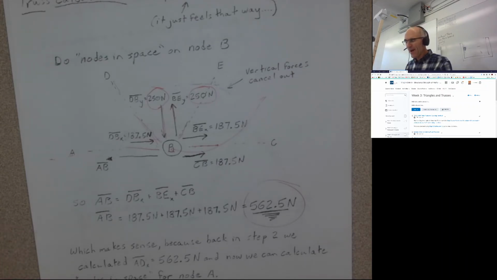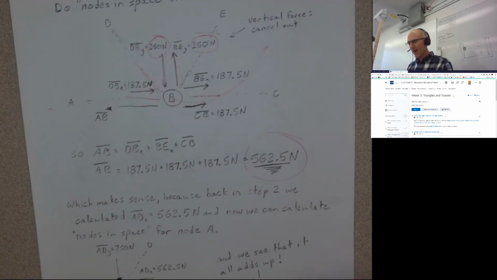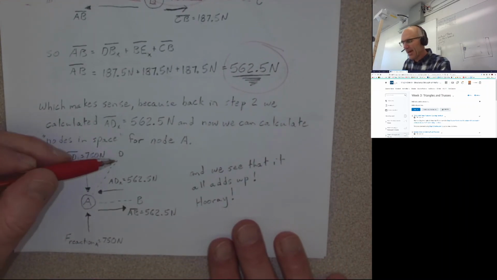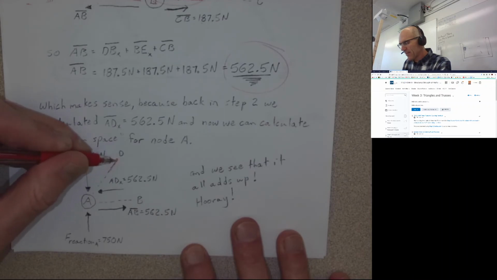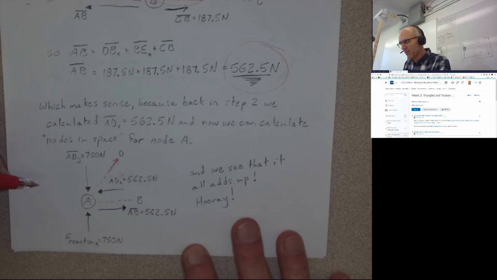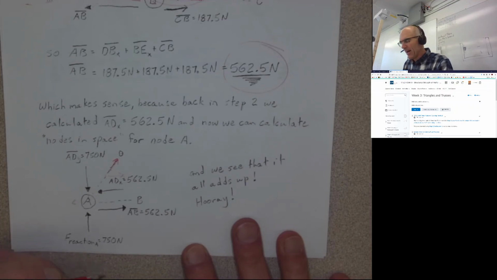And if you go back and confirm to make sure you did it right, go back to step 2 and remember when we calculated ADx, and we said that pushing up this way on D, A was pushing up with 750 newtons and over with 562. Well, that means D is pushing down on A with 750 newtons and over with 562.